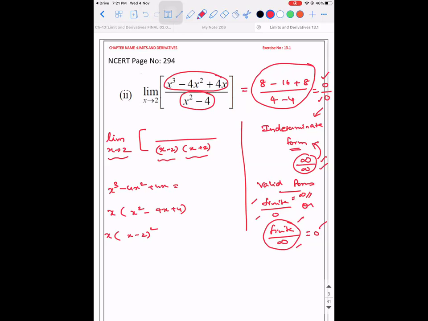Yes, sir. So x cube minus 4x square plus 4x is nothing but x into x minus 2 the whole square. Now if I cancel this x minus 2 and this x minus 2, now I'm allowed to substitute 2. When I substitute 2, what will I get? 2 into 0 divided by 4. So 0 divided by a finite number is 0.